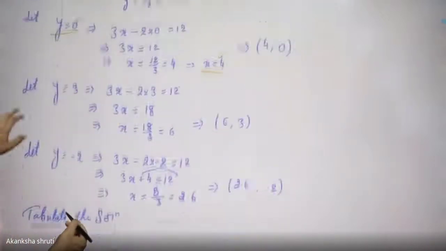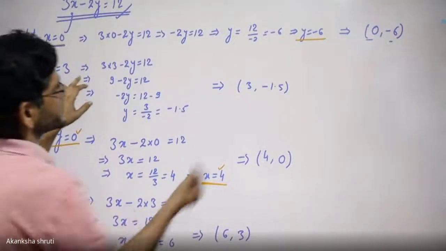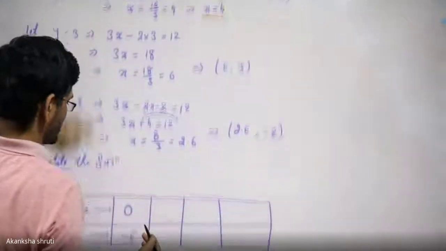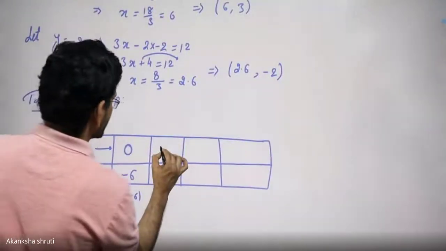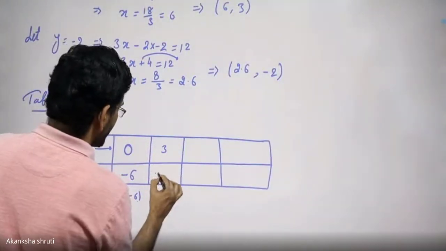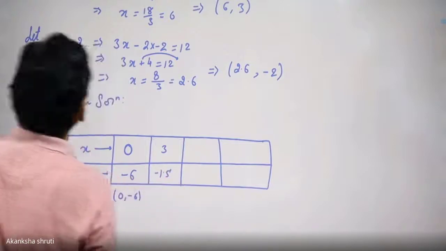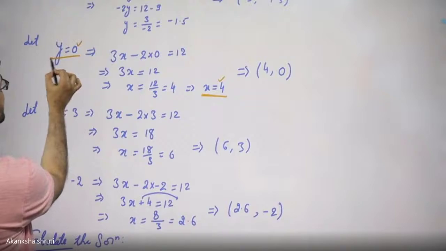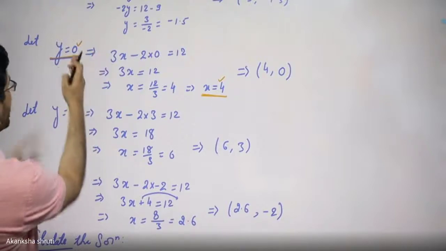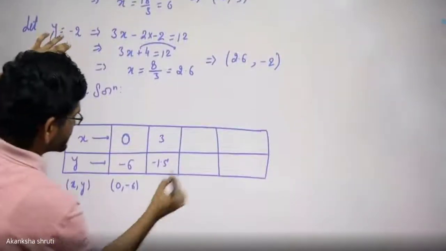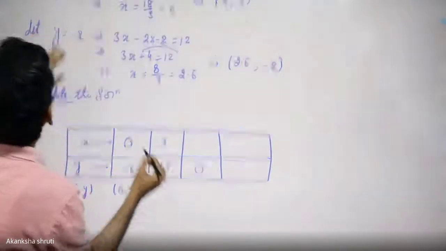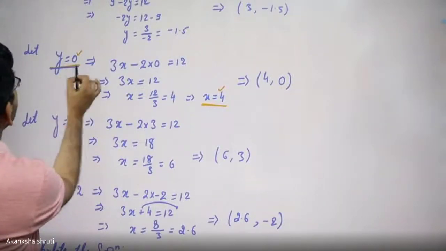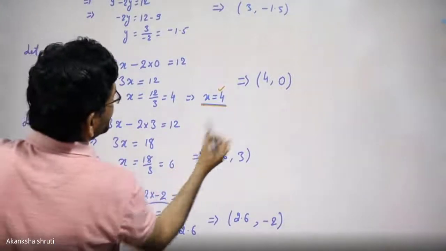Students, the other that we had calculated was 3, minus 1.5. So it is our 3, minus 1.5. Students, the next one where we had assumed this y, don't worry for that. So first we may put this y here as 0. While taking this y as 0, we had calculated x as 4.